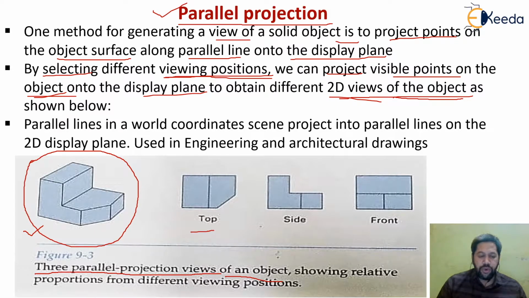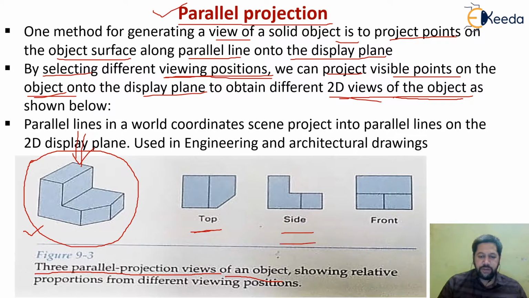The top view means if my projection position is coming from this side, so my camera is going to capture the image from this side. So how this object will look from the top view is shown over here. So this is the top view of the object. I may take the object from the side view.